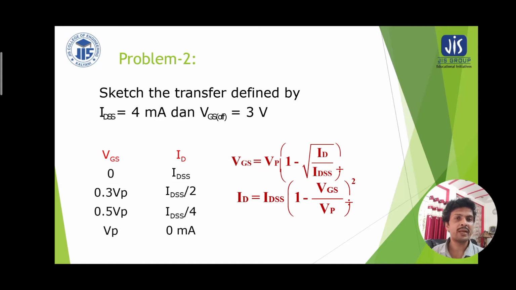So we can determine that the FET is a p-channel JFET, because VGS off is positive. IDSS is 4 milliampere, so the numerical values of the table can be easily found, and the equations are also written, ID equal to IDSS into (1 minus VGS by VP) whole square.